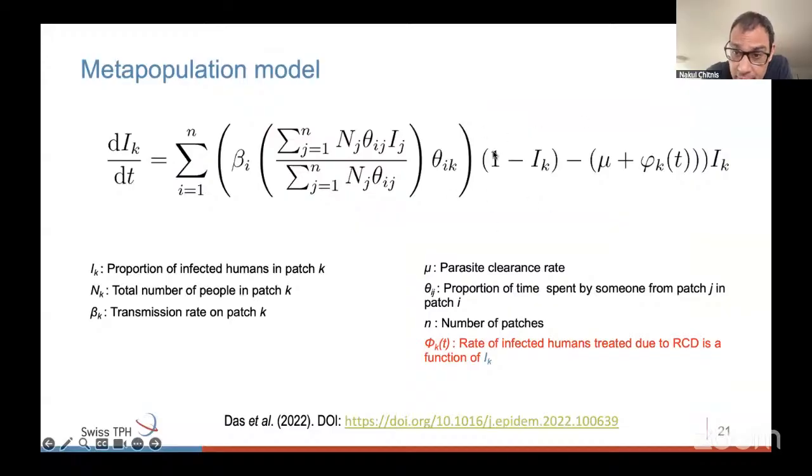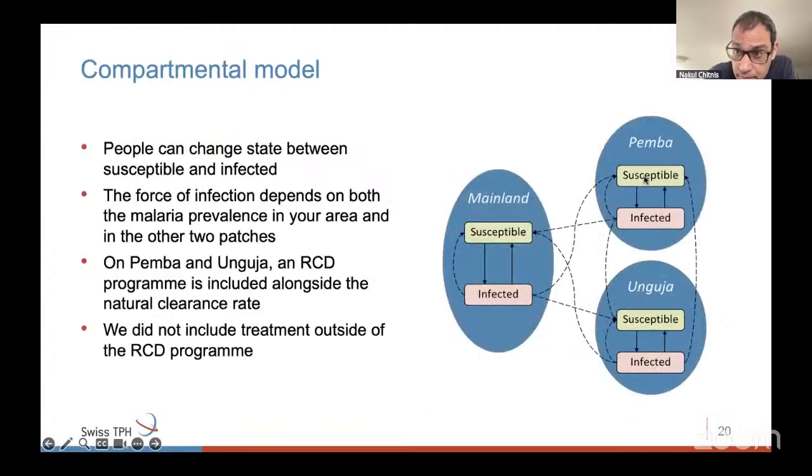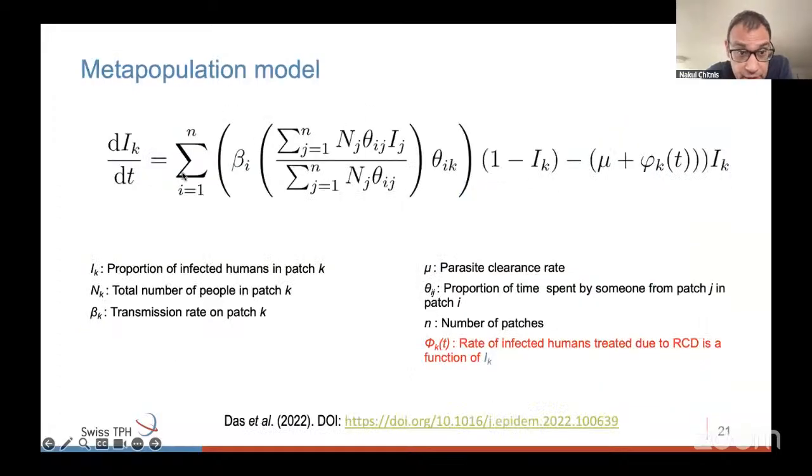So this is the susceptible population on any island. And here we're looking at all the ways that people can get infected. So a person from, say, Pemba can get infected either from people on the mainland or Unguja or Pemba, in any of the three places. So that's why you have two summation signs.